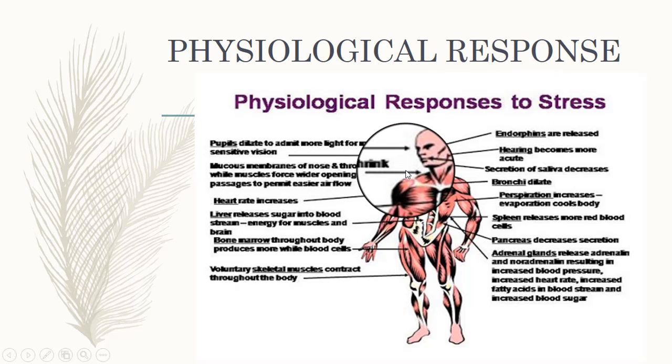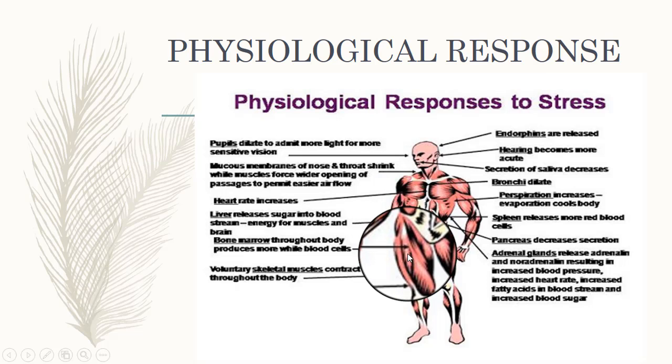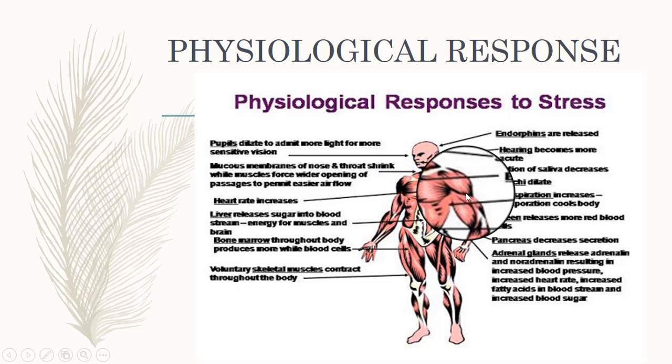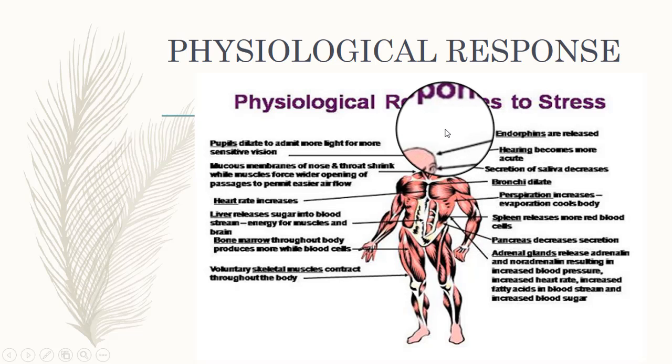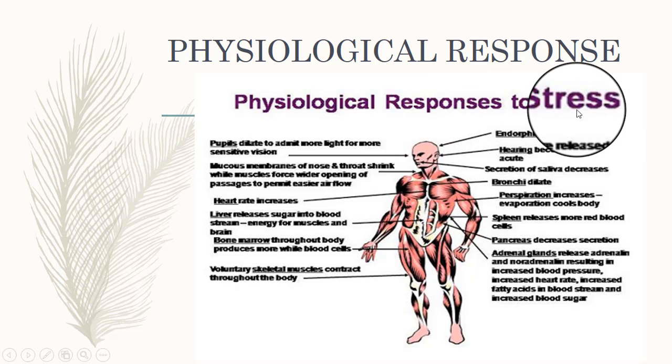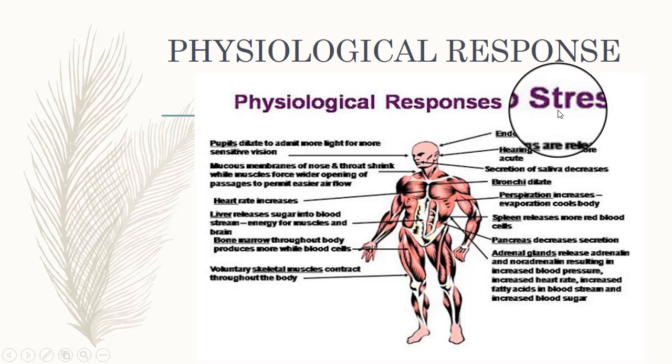Once the hypothalamus, as I have already discussed, the master gland of our body, and the pituitary gland receive the signal that there is some danger present, they activate the sympathetic nervous system, the SNS, which is the half of the ANS, the autonomic nervous system, that rules the fight or flight response.